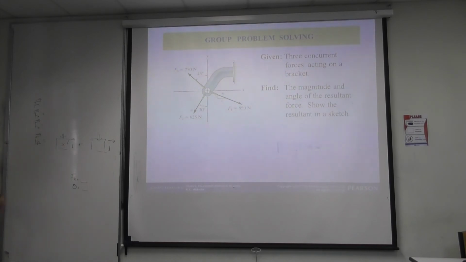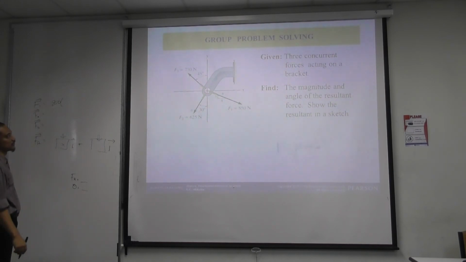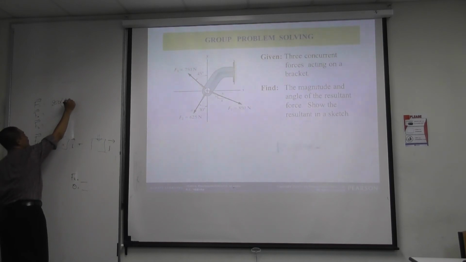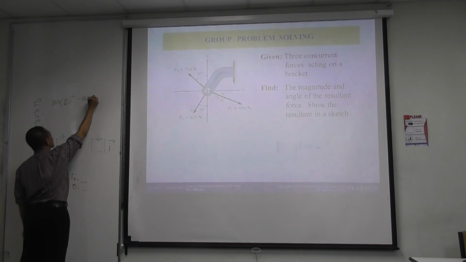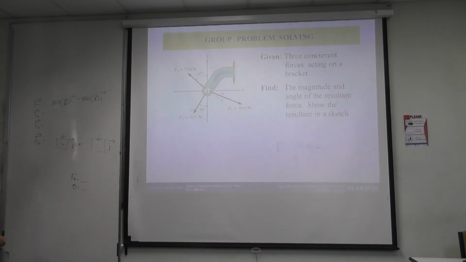But any problem resolving the force into x and y? I think mostly no problem. For F1, you get 850 times what? 4/5 i, then minus 850 g. I think no problem there.